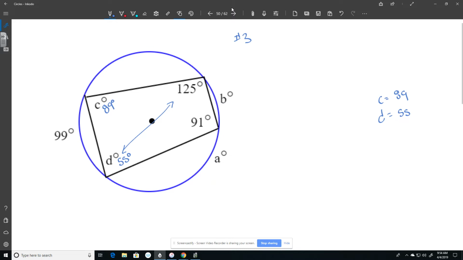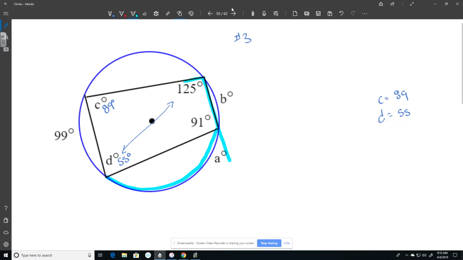So why not? From there, I've got to find A and B. A is this arc right here. I have part of C that uses that endpoint, but no line uses this endpoint, so I don't want to use that angle. But I do know that one of my endpoints for A is right here.